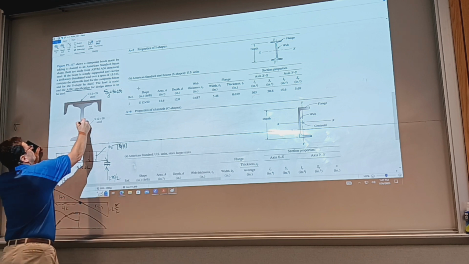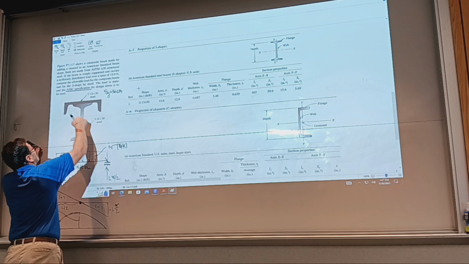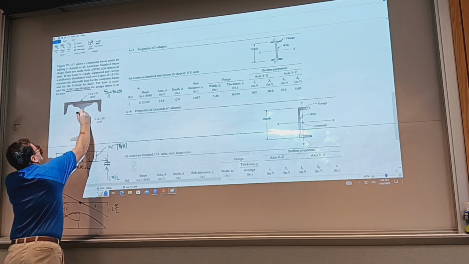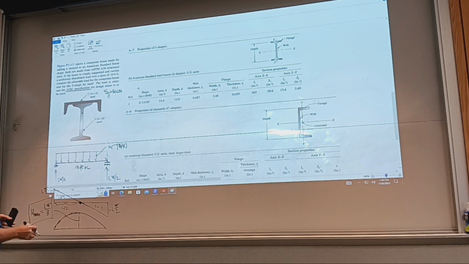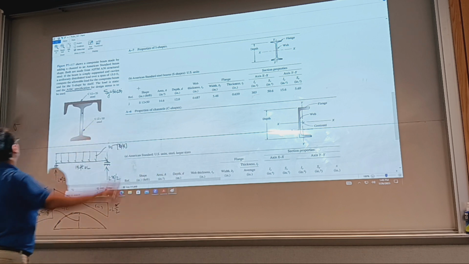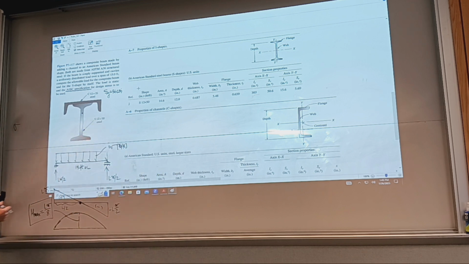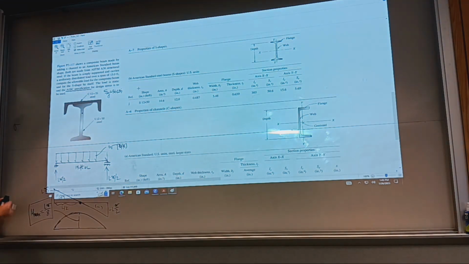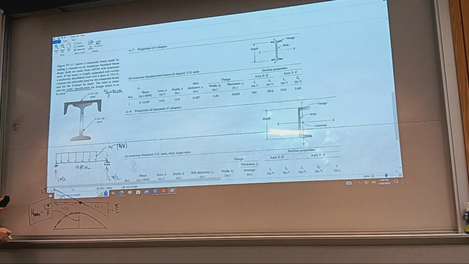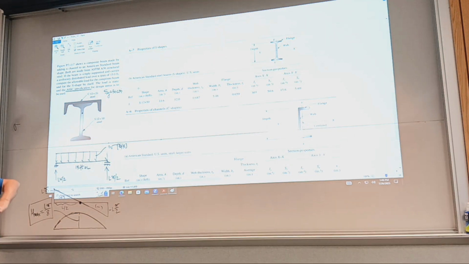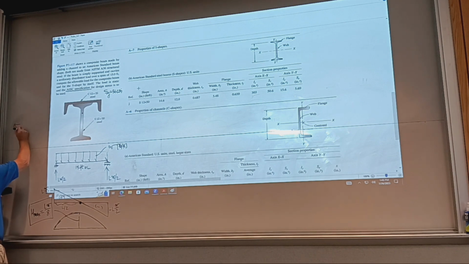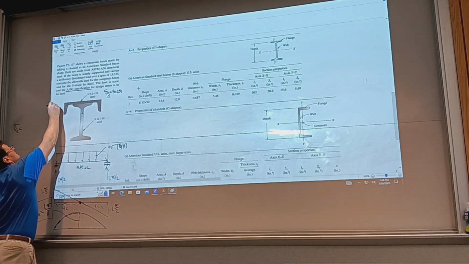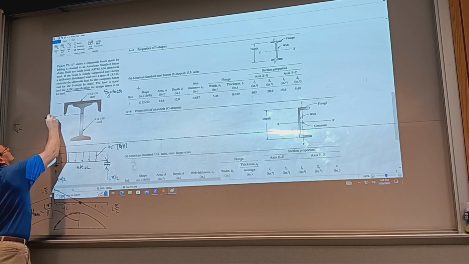The centroid just for the I-beam is here; for the channel, we'll move up. We need to find where the centroid is, so we're going to extract the values from the table, like on page 365, to find the centroid and the area moment of inertia. Sigma compression is on top where the channel is. Sigma compressive is going to be this distance up.